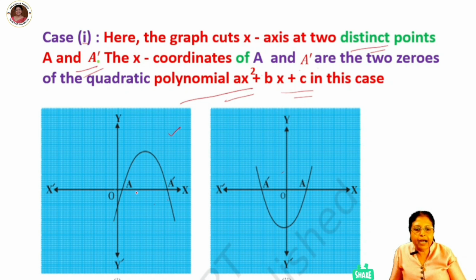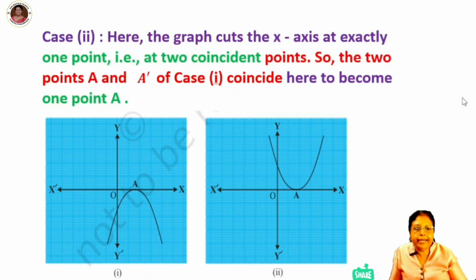Here the graph cuts 2 points a and a dash. Then the zeros of the polynomial are the x coordinate of this a and a dash. This is another case, 2 intersecting points. Then zeros of the polynomial are the x coordinate of this point and this point.